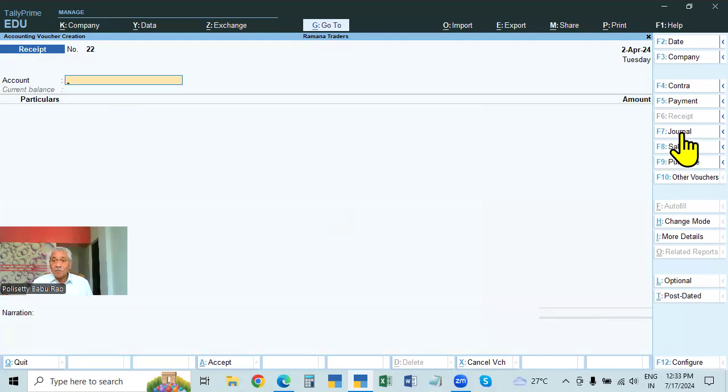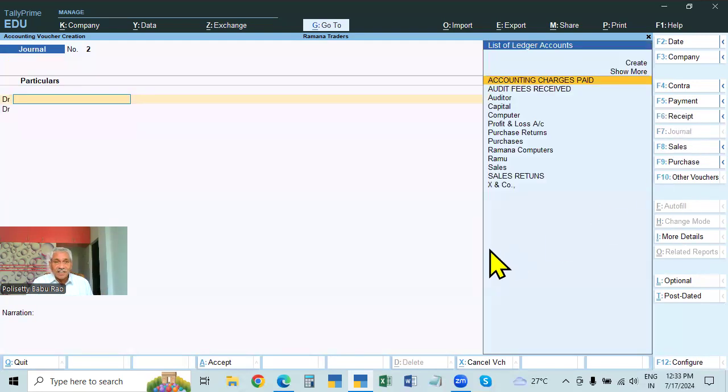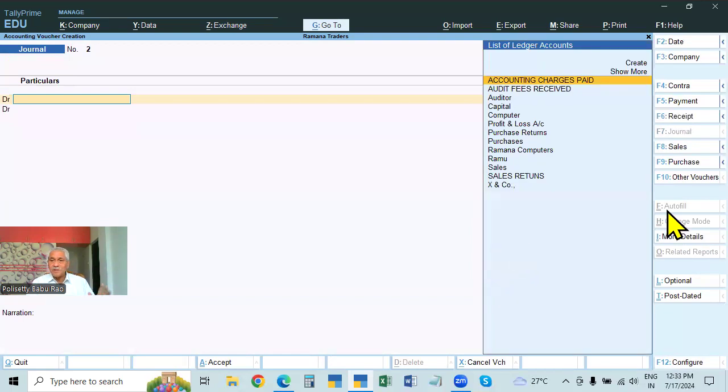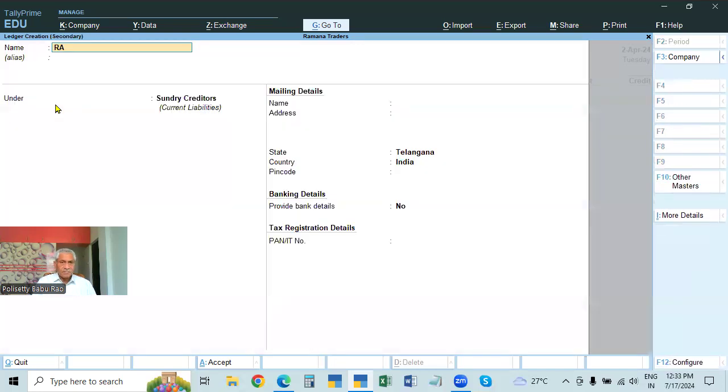In such a case, we are entering the journal. Selling the old furniture, we cannot enter it in the sales. It is not goods, and we are not receiving cash. So in the journal, we have to write. Debit: when you are selling the asset, the other person is the receiver. So for example, one private person, Raghava.